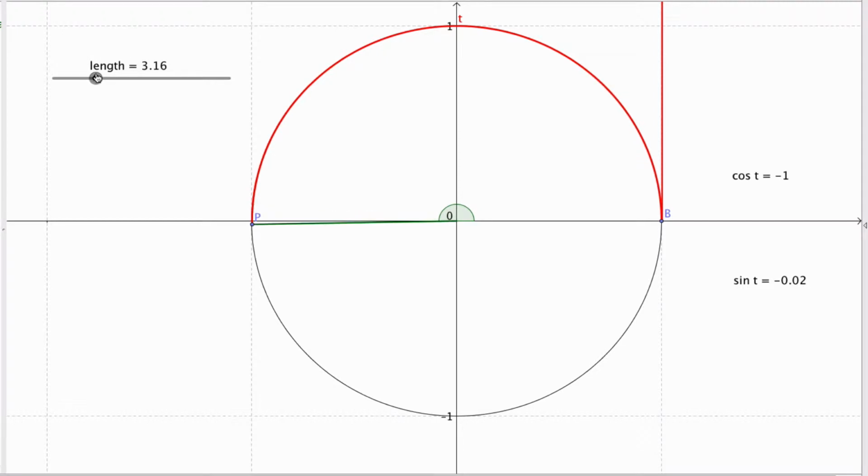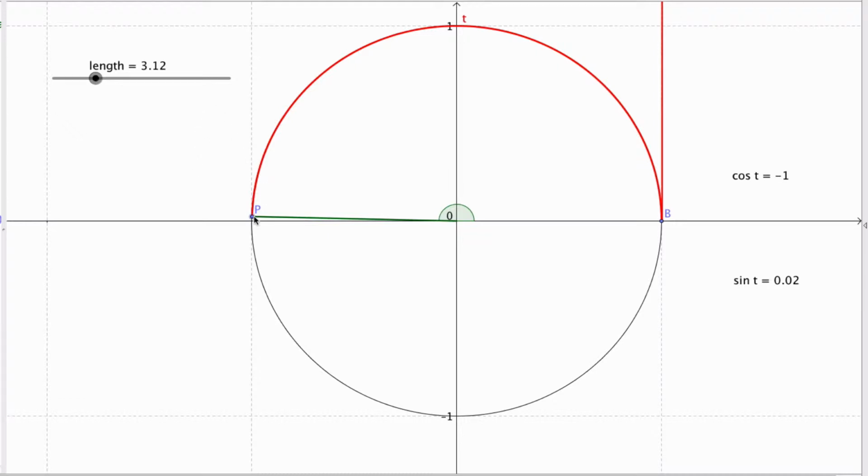Okay, that's as close as I can get, 3.12. There we go. If I could get exactly pi, 3.14 and a bit more, then my point P would be exactly on the x-axis, wouldn't it? And that would mean I had an angle of pi, or in the old language, 180 degrees.